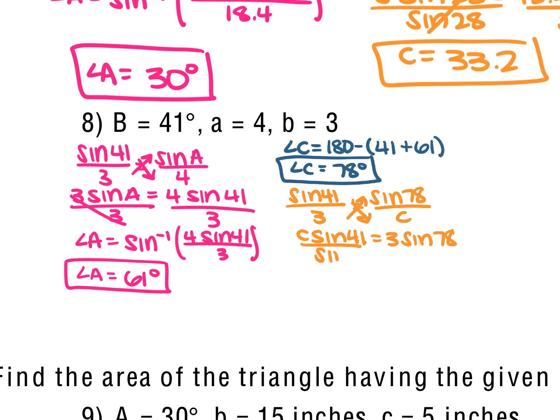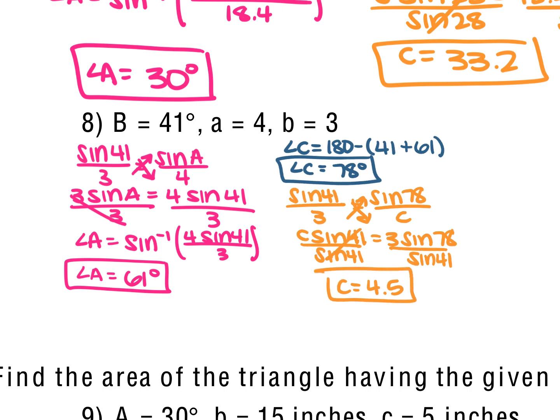Divide each side by the sine of 41. Use your calculator. That's 3 times sine of 78 over sine of 41. So that's 4.5 for C. So that's all for triangle 1.